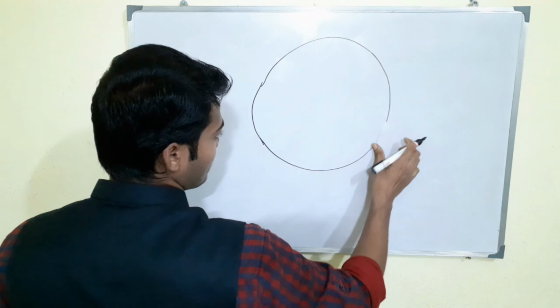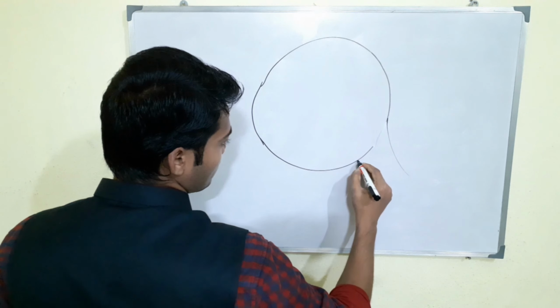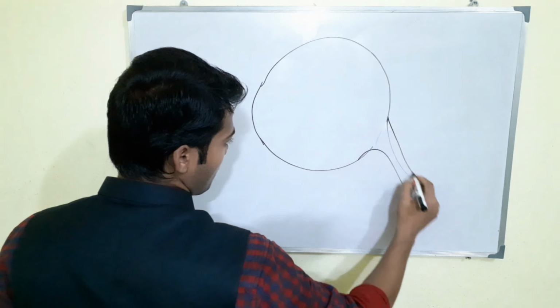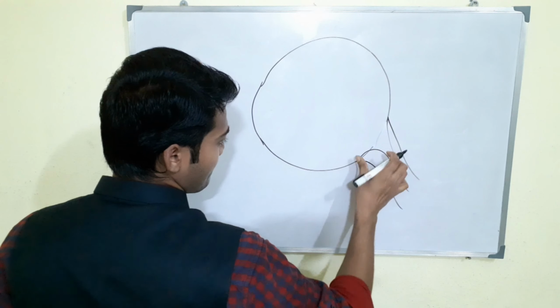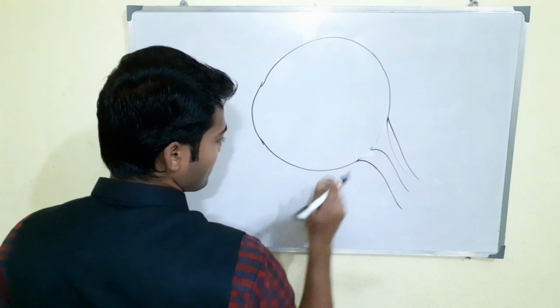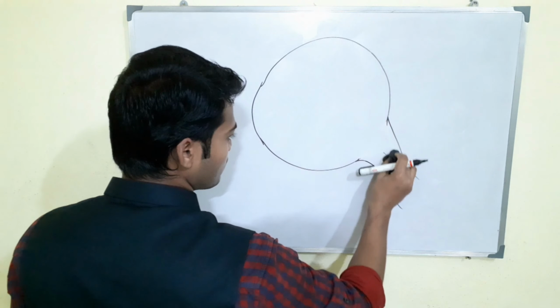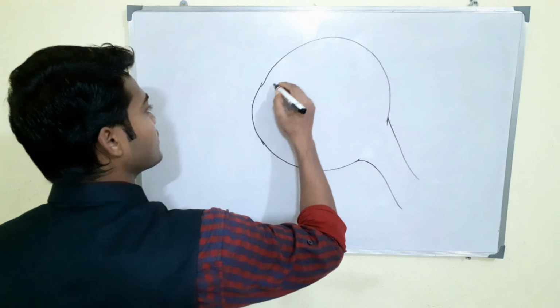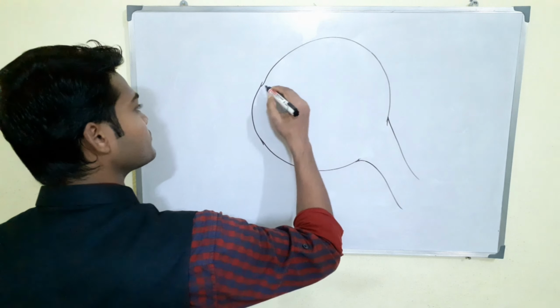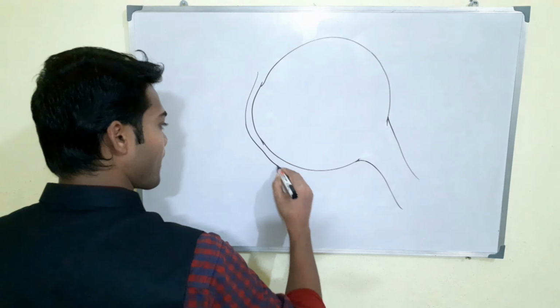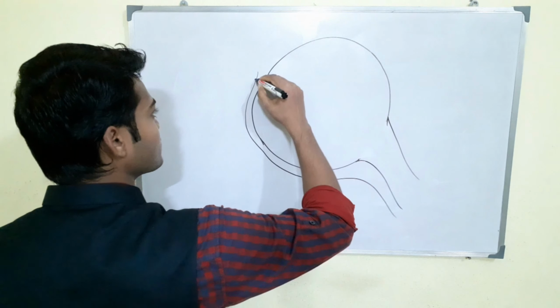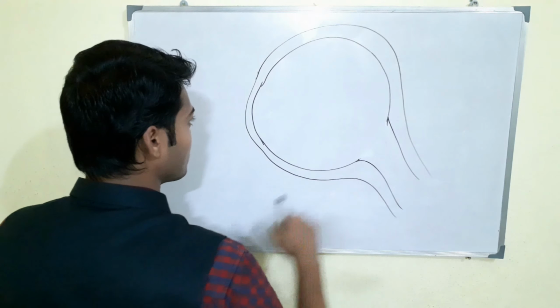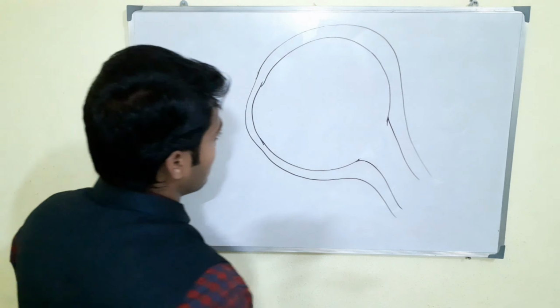This is the eye, right, and this is the optic nerve. What is actually happening, just think about that. Up to this everybody is clear.